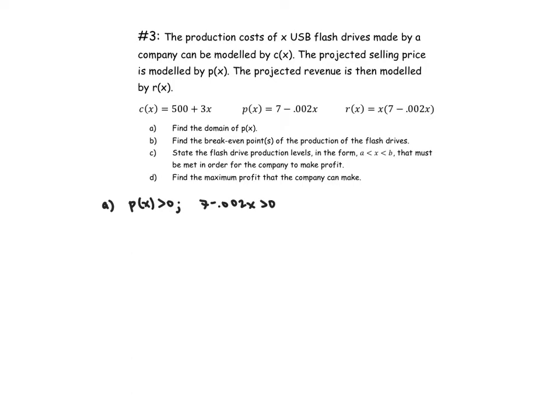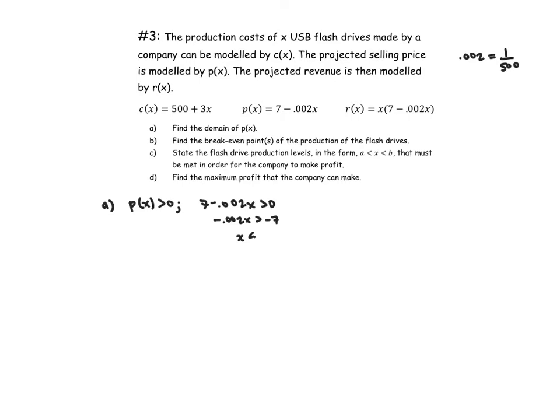Okay, so let's solve for this. If I subtract 7 and then divide by negative 0.002, you'll notice your inequality flips on you. Just for reference throughout this problem, 0.002 is the same as 1 over 500.